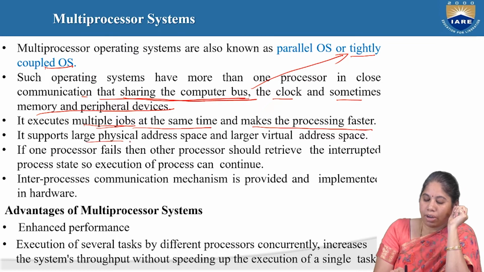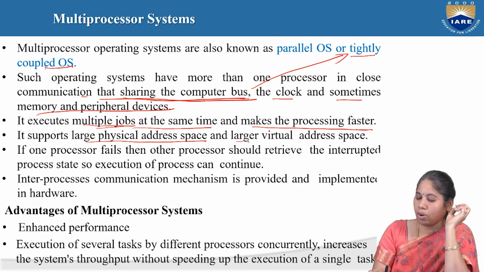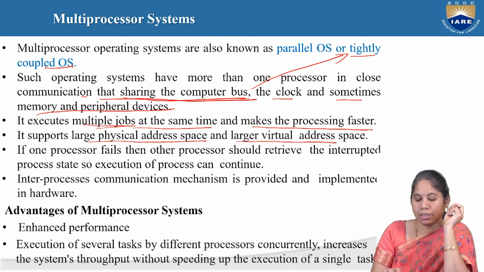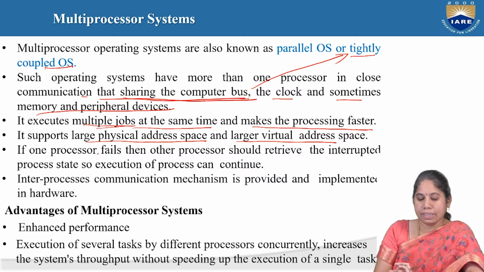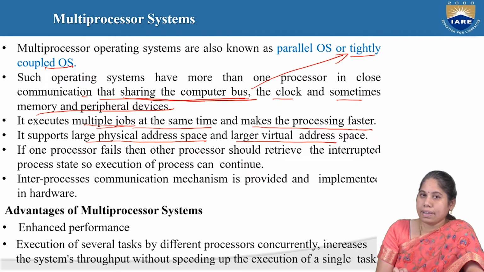It supports a large physical address space and a larger virtual address space. What is the main advantage of multiprocessor systems? If one processor fails in a system, the job doesn't sit idle; it will be given to another processor, making sure that the job is going to finish.